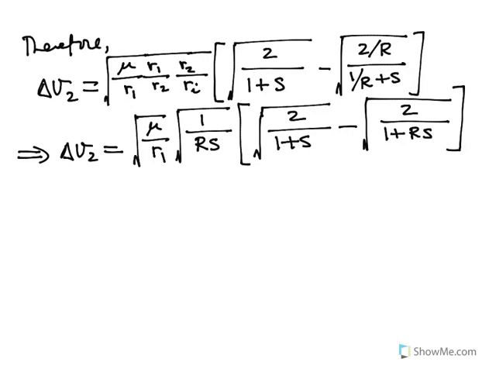So there's the second impulse. And again, you see it's written in terms of the square root of mu over R1, which is the way I want to write it.